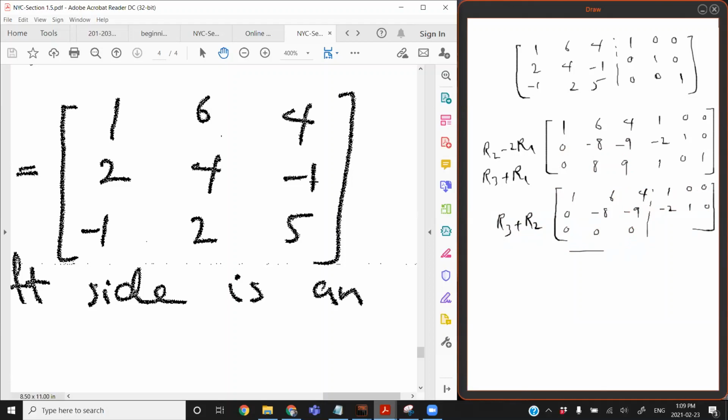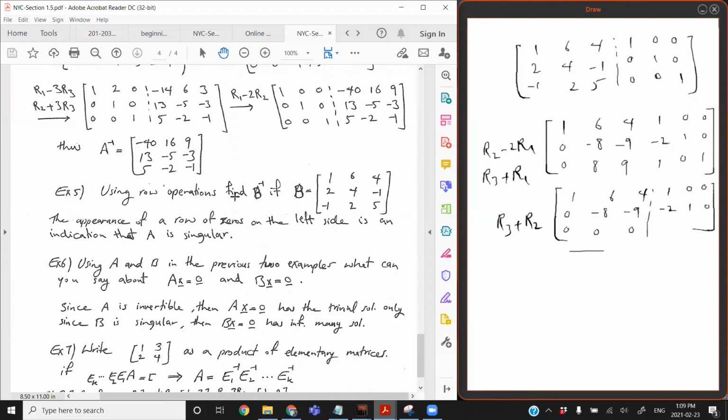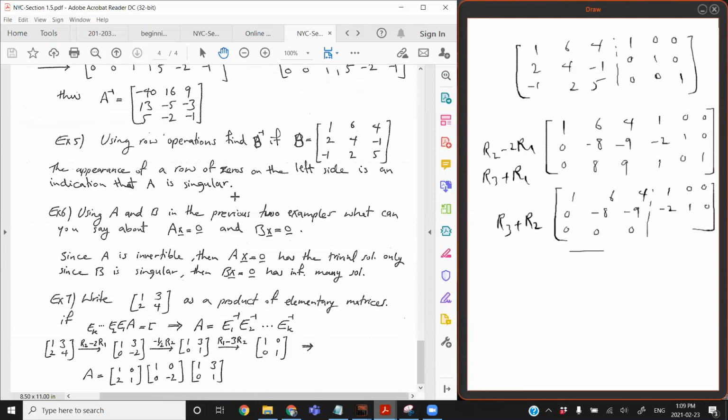At this point I can stop. I have a row of zeros, which means I will never have a leading one in that row. If I don't have a leading one in that row, how can I get I? So sometimes if the matrix is not invertible, this is how this fact will be manifested. Are we good?